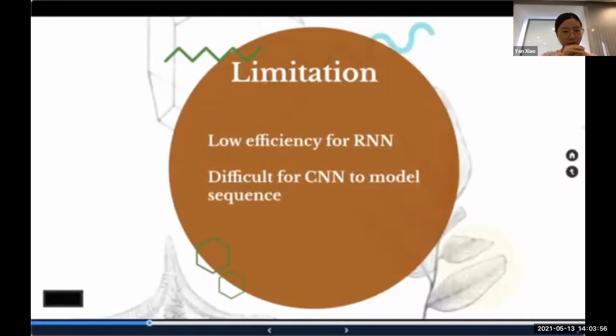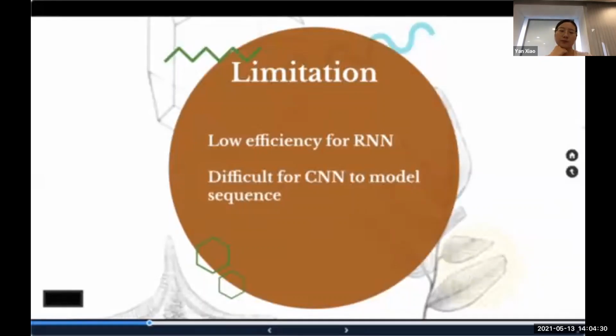Besides, because of such sequential modeling, each element in a sequence can only learn the semantic relation with its left elements. It means that RNN can only learn limited contextual representation for the sequence.